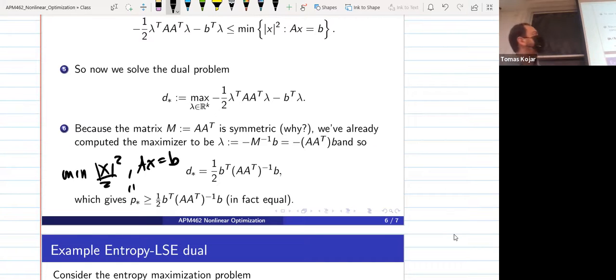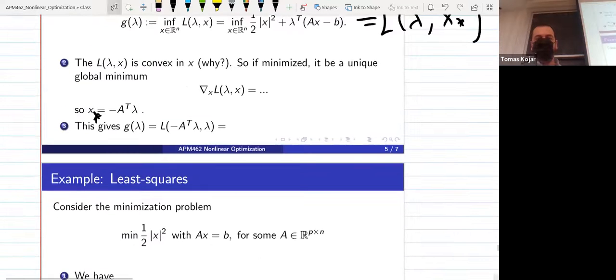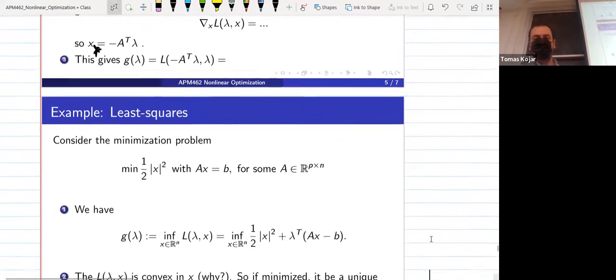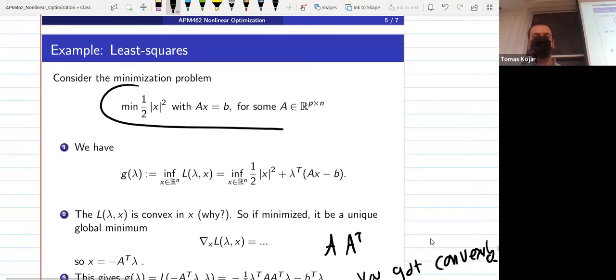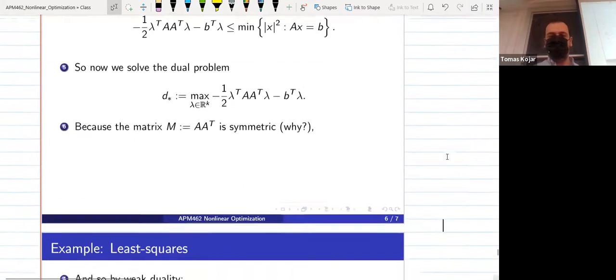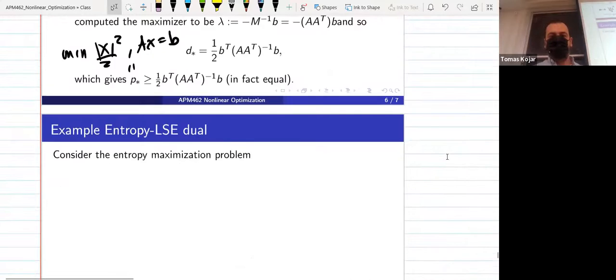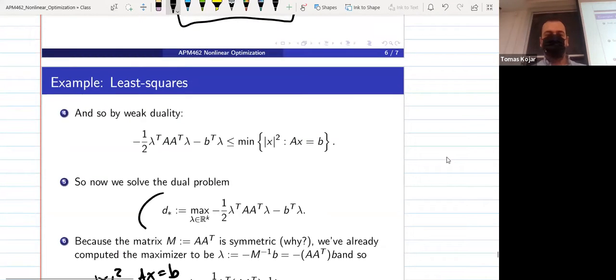So again, let me repeat what happened here. We went from a constrained problem to an unconstrained problem over here. There's no constraint here.